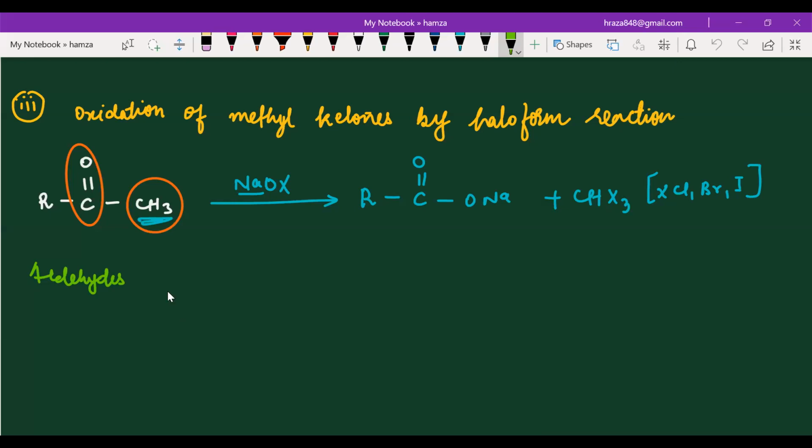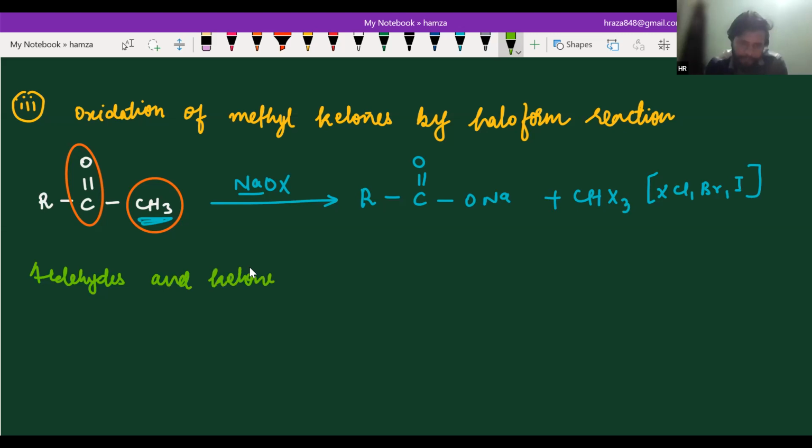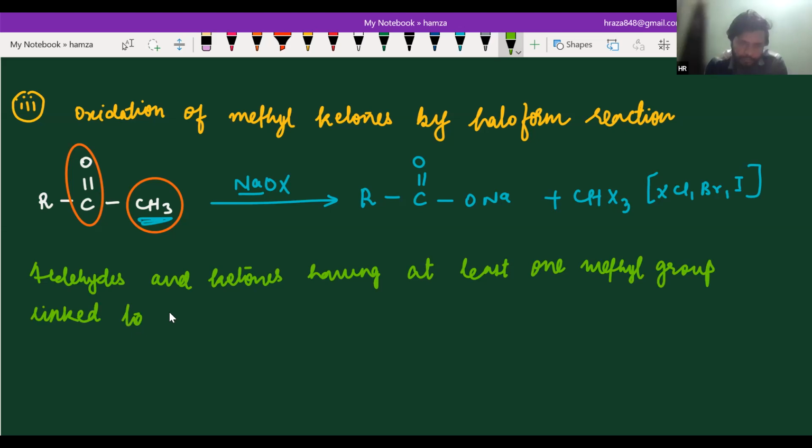Okay. Aldehydes and ketones having at least one methyl group linked to the carbonyl carbon atom.